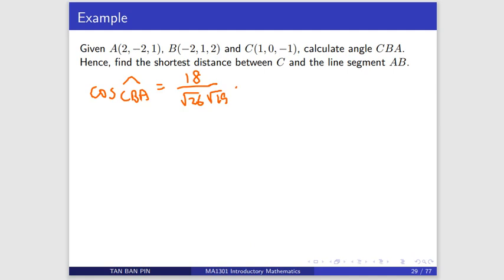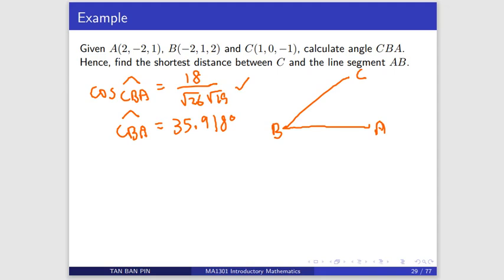So this is what you have just found. And then you key it into the calculator. It will give you angle CBA to be 35.918 degrees. And you can use the angle to find the shortest distance between C and AB.